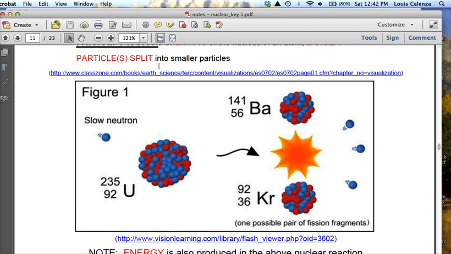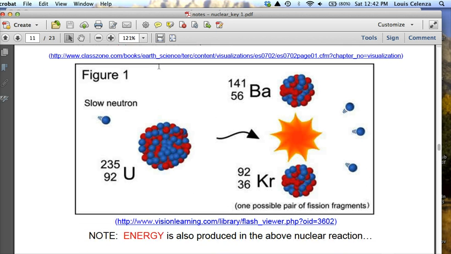And here's a good diagram of what occurs during fission. Here's our target nucleus. This is our nucleus that we are going to bombard with a neutron. When this nucleus absorbs this neutron, it's going to undergo fission. And when an atom's nucleus undergoes fission, it produces three things. It produces energy, a tremendous amount of energy, which is represented by this, and it breaks apart into two smaller pieces.